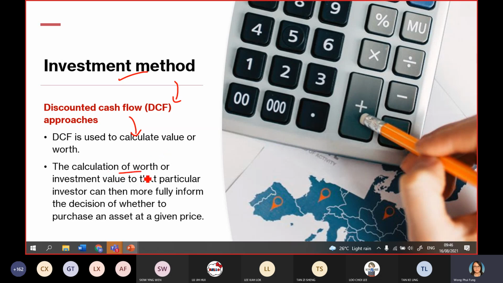So the calculation of the worth of investment value to that particular investor can then more fully inform the decision whether to purchase or not. So by using discounted cash flow, we can calculate at the end of the day whether this investment can bring you sufficient profit or not. That will serve as information to the investor whether to buy or not to buy.